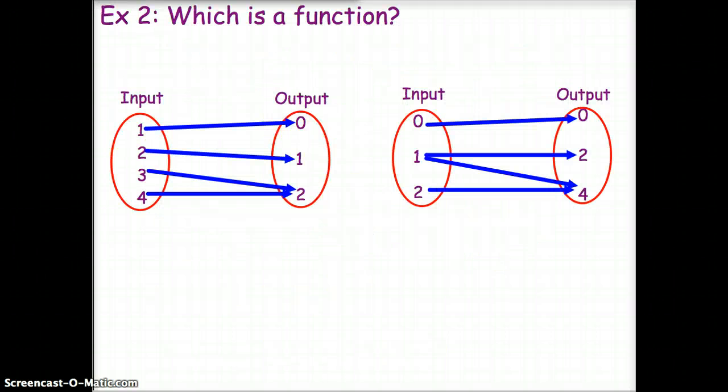Let's look at this one. One of these is a function and one of these is not. Let's go back to our vending machine analogy. If I put in A1, I get out Snickers. If I put in A2, I get Pringles. If I put in A3 and if I put in A4, I get Reese's Peanut Butter Cups.